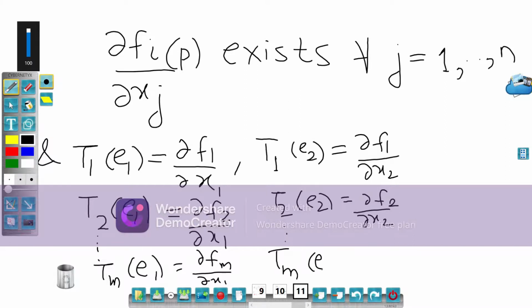Tm at e2 is equal to dou fm upon dou x2.